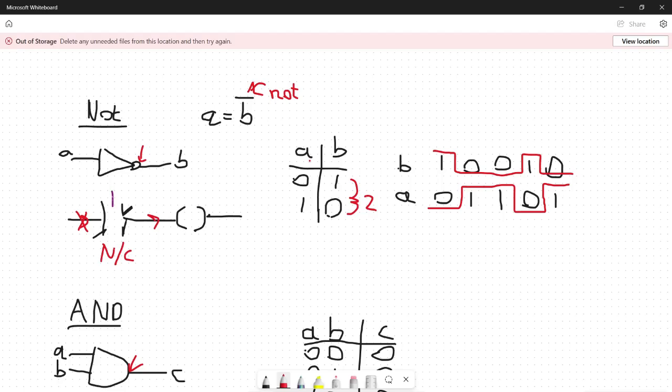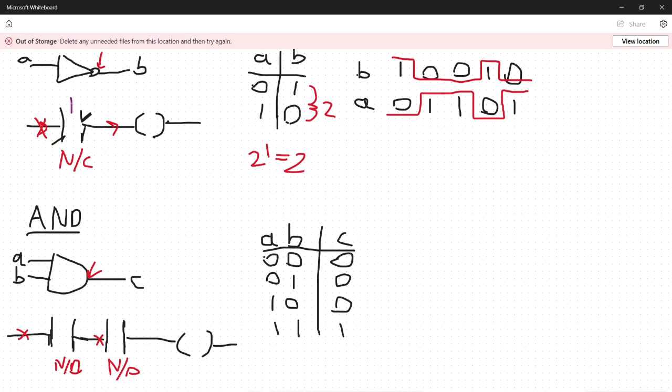If I have a 1 input only, then I'm going to say 2 to the 1 is going to be my total number of possible combinations. And it's just going to be 2. Now if I look here, I have 2 inputs. So I'm going to have 4 outputs. Because that's just 2 to the power of 2, which is equal to 4. And if we have 3, we'll have 8 outputs, and all these sort of things.